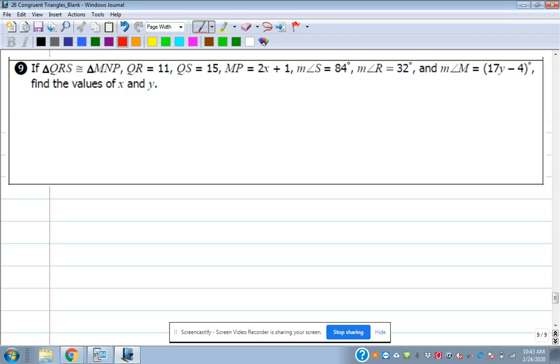The measure of S plus the measure of R plus 7y minus 4 equals 180 degrees. Because they're the same angles, that doesn't mean they equal 180. Angle S and angle P should be congruent to one another.